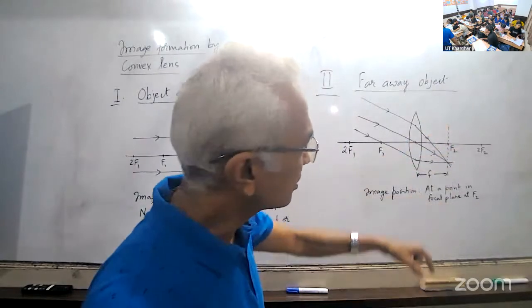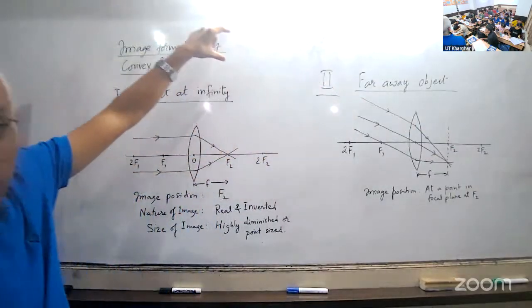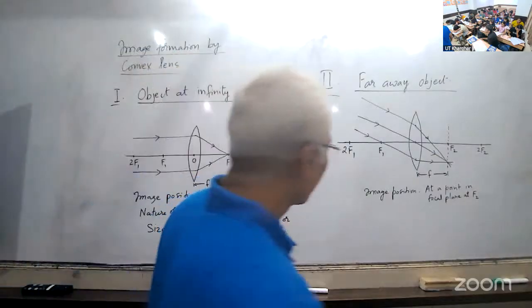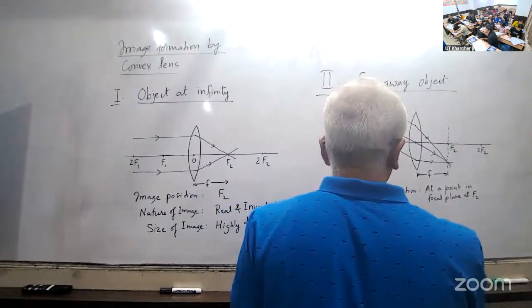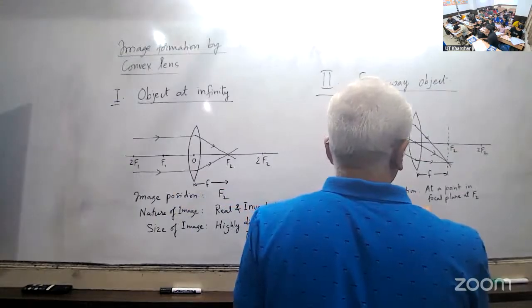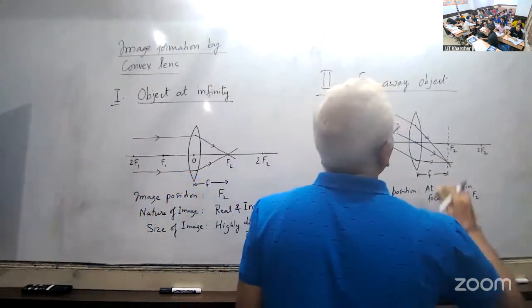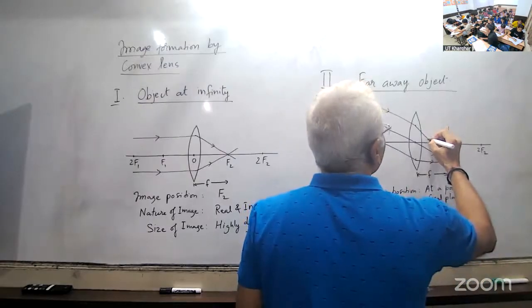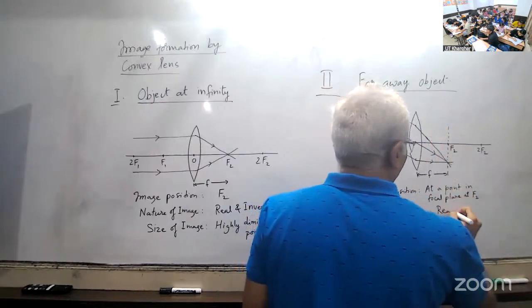What about the size? It is still highly diminished, because if you look at the object size, you don't know what the size of the object is. It's a very big object. What is the nature of image? Nature of image is real and inverted.